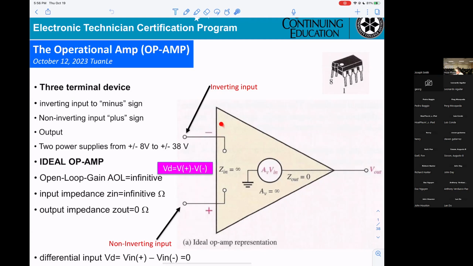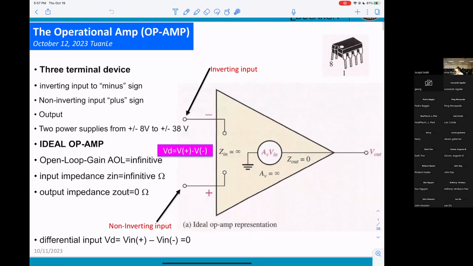The negative input of the op-amp, they call an inverting input. And the positive one, they call a non-inverting input. Okay? And the differential input VD will be the difference between V at the positive minus V at the negative, equal 0. That's what they want.